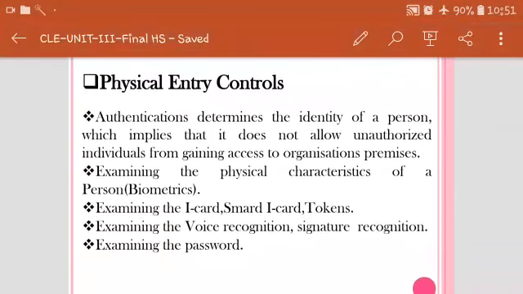Authentication determines the identity of a person, which implies that it does not allow an unauthorized individual to gain access to organization premises.